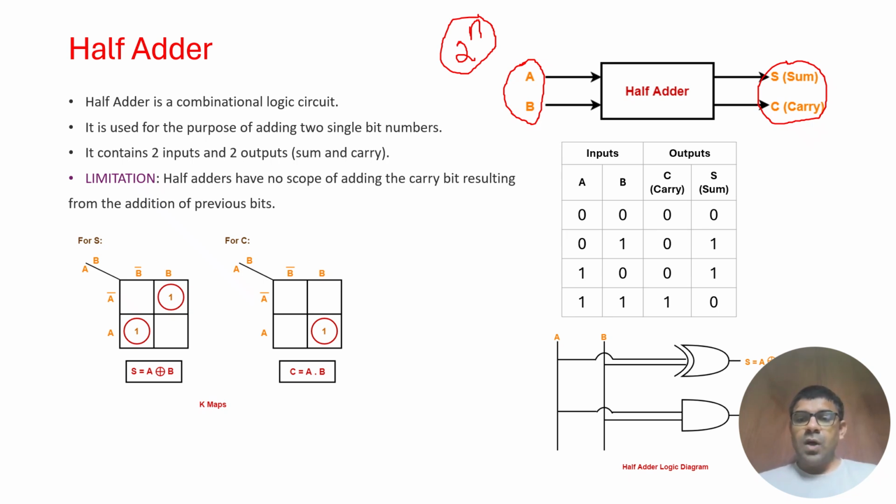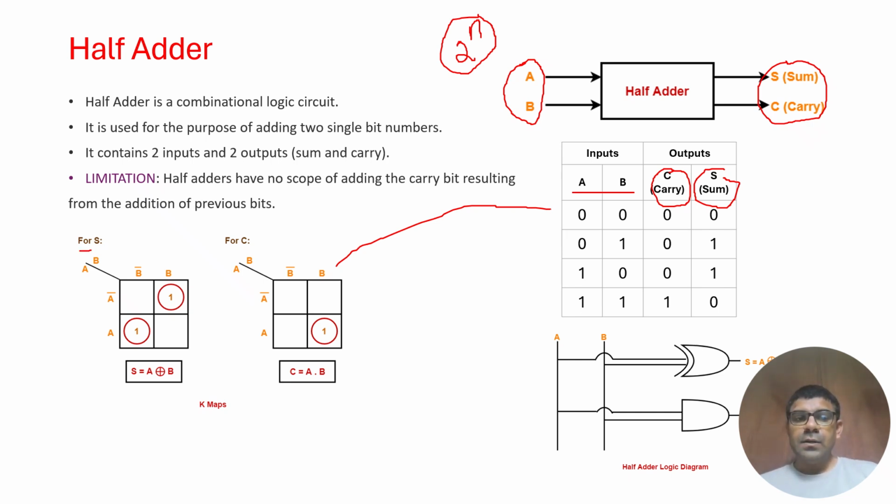Okay. Now based on these two tables, we're going to simplify them with the help of K-map simplification. We're going to find the simplified Boolean expressions for carry and for sum. First for carry, we have 2 input variables, so obviously we shall use a 4-cell K-map.